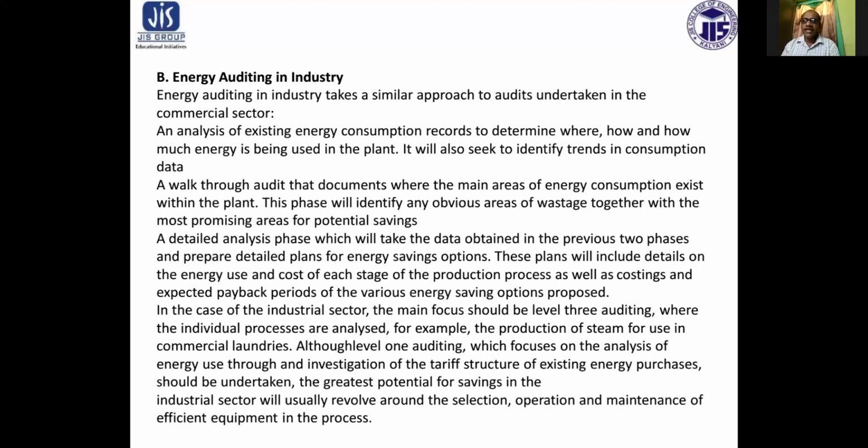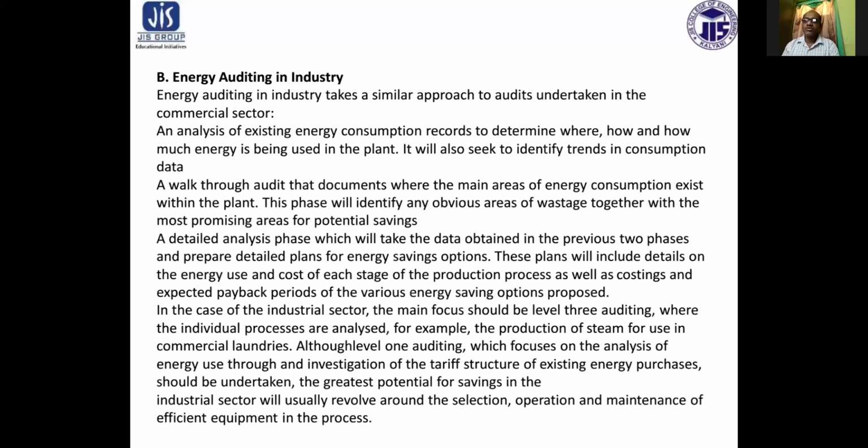Third, a detailed analysis phase, which will take the data obtained in the previous two phases and prepare detailed plans for energy savings options.